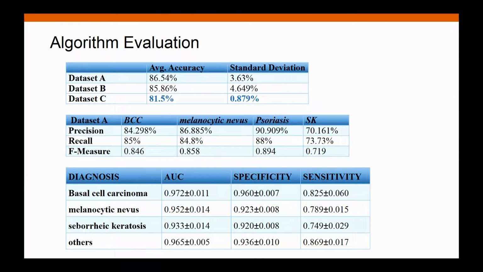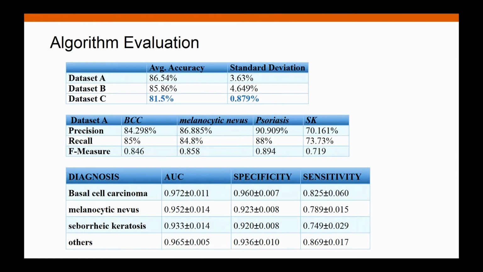But it is also a theory proof that after we increase the number of input images in the training set, the standard deviation for dataset C dropped from 3 to 4% to 0.8%. That is a pretty obvious drop.